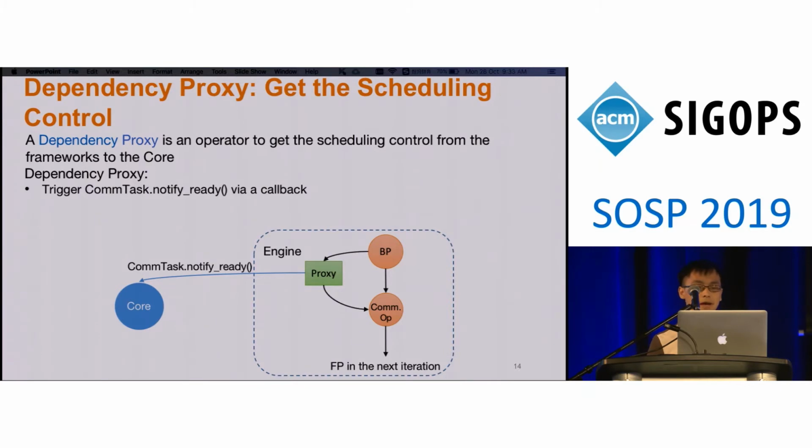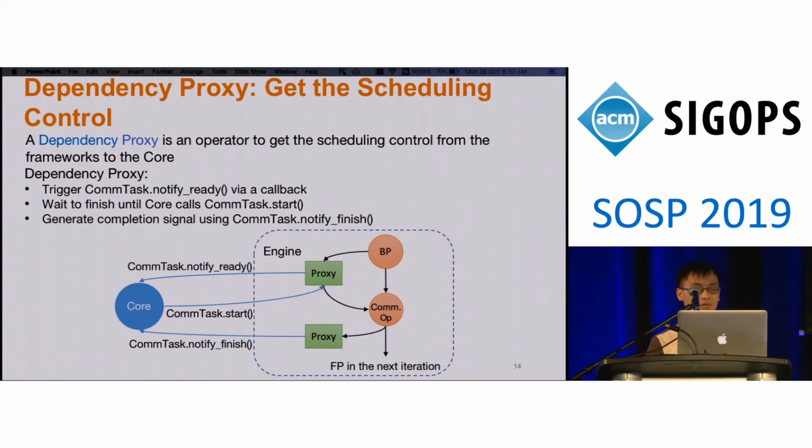First, when the backward operation is finished, the proxy operation can be started by the framework engine to notify the core that the gradients have been calculated. Second, when the core decides to start the task, it will call the start interface to let the proxy finish. And then the communication operation can be started.